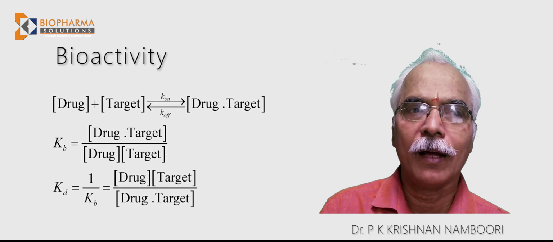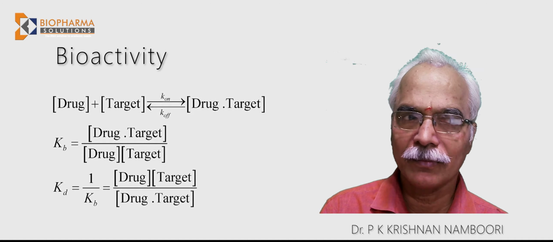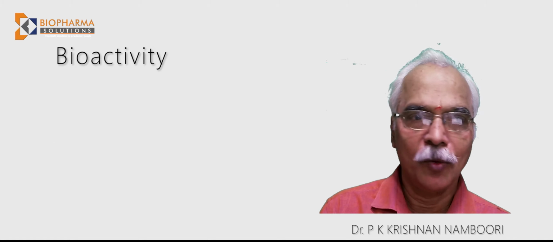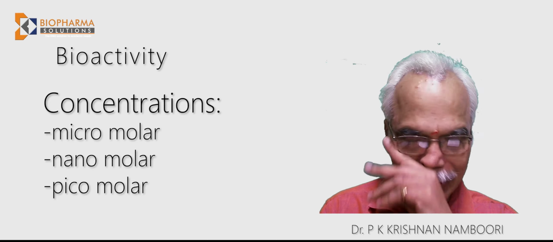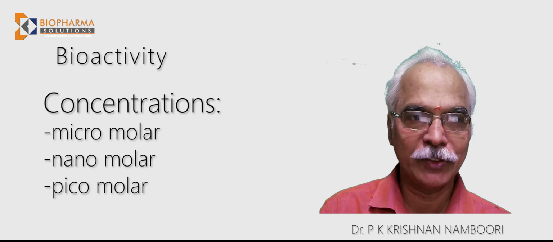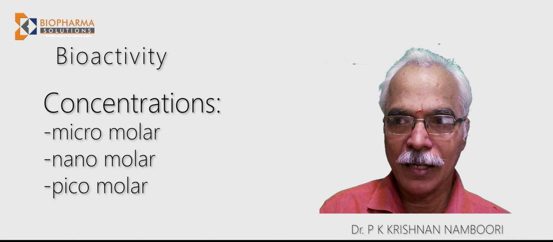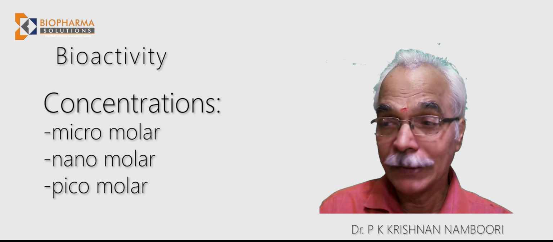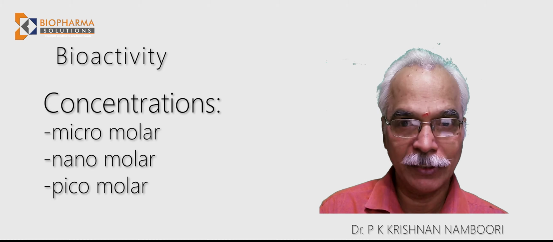So normally, for all useful drug molecules, the Kd value will be approximately 1 into 10 raised to minus 6. Otherwise, it should be in some micro values. Micromolar concentration should be there. In some cases, it may be nano level concentration, 10 raised to minus 9.